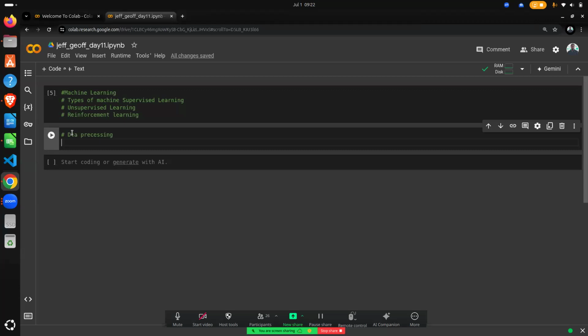So when it comes to data pre-processing, please try to understand these outlines. When you look at data pre-processing, we are trying to look at data cleaning. We're trying to deal with the processes of working with format inconsistency, incomplete data, and the challenges that are there with data.